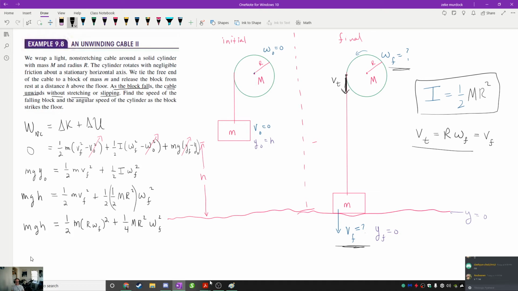We're going to get that omega final squared is going to be equal to, in the numerator, m times g times h, and then in the denominator, we're going to have 1/2 m plus 1/4 capital M, and all of this is multiplied by big R squared. And then if we square root it, we'll get an answer for omega final.